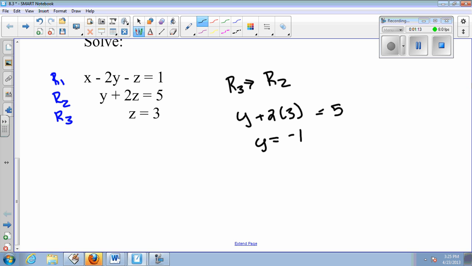Now we need to find x. So we're going to take row 1 and we're going to put our z and y values into row 1. So it goes x minus 2 times -1 minus 3 equals 1.